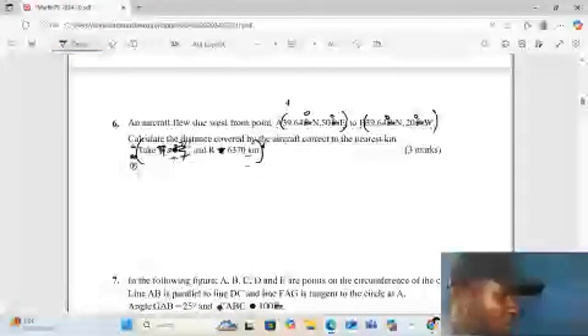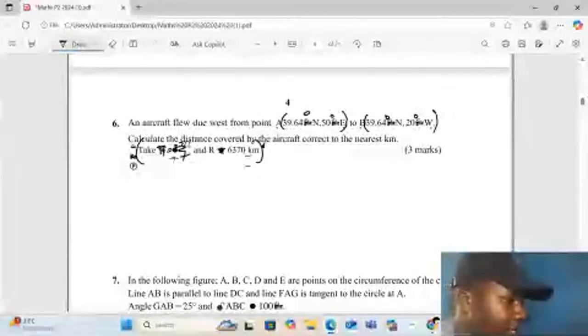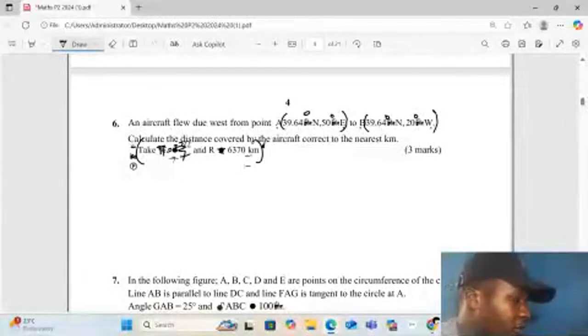Now this question on longitude and latitudes, first of all, you have to look at the longitude difference.